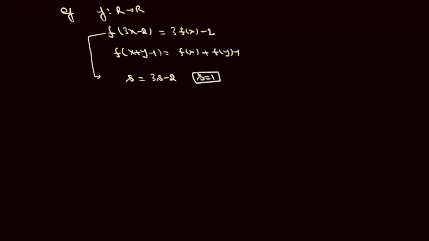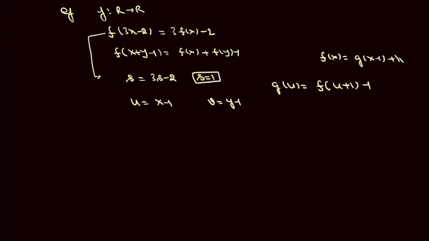We'll get s as 1. That means this u is x - 1 and v is y - 1, and we'll let g(u) as f(u + s) - s, and for the end we let f(x) as g(x - 1) + 1.